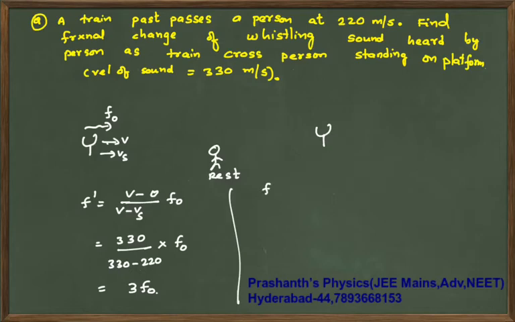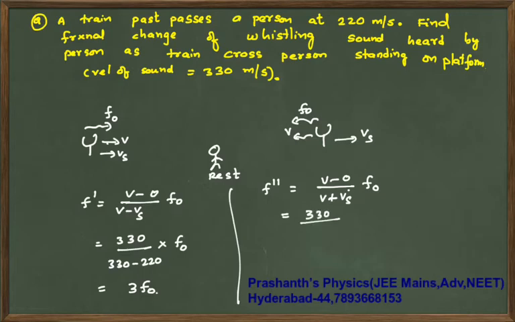Next, while it is going away, your sound comes this way, your v is this way, and your velocity of source is this way. So f double dash is velocity of sound with respect to observer, v minus 0, by velocity of sound with respect to source, v plus vs, into f naught. So that will give you 330 by 330 plus 220 times f naught, that will give you approximately 33 by 55, which means it is 3 by 5 f naught.